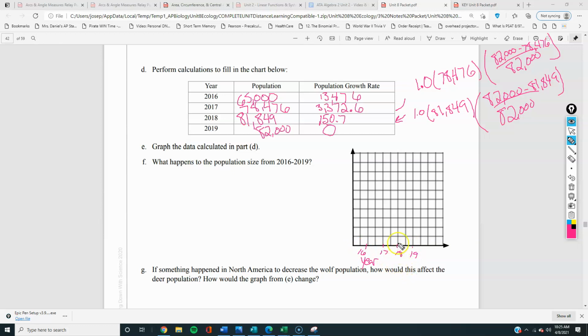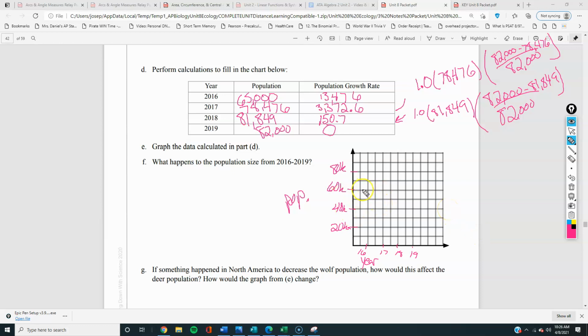And again, we got to start at 0, so I'm going to go 20,000, 40,000, 60,000, 80,000. So this is deer population. This is year. All right, there we go. That's one point right there.